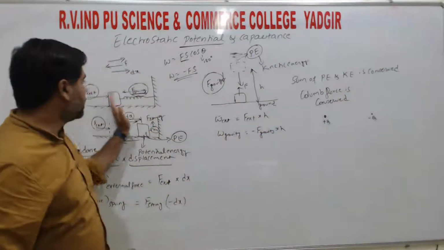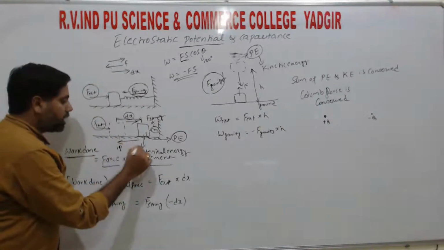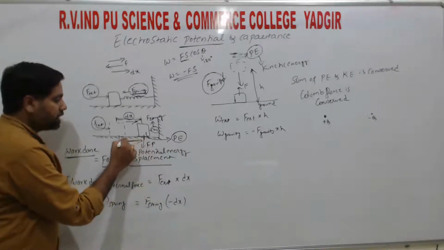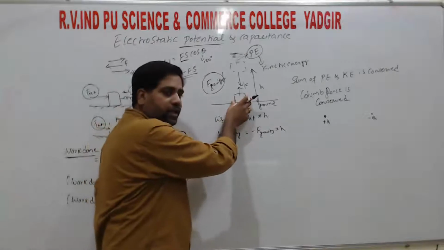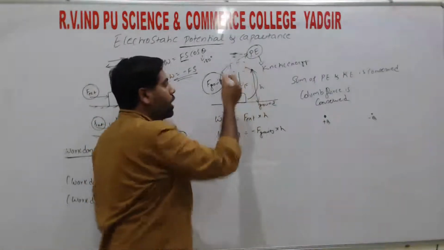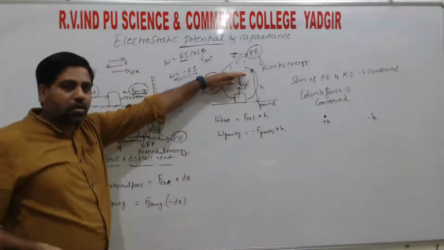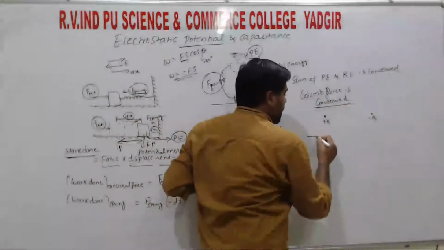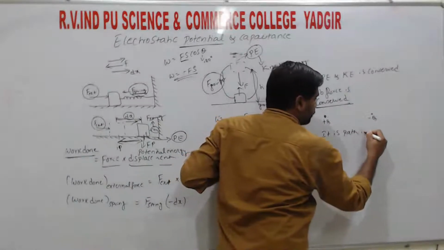In these two cases, it depends only on the initial point and final point. We are not considering the path along which we are displacing the object, right? So here the Coulomb force is conserved, and the next point is that it is path independent.